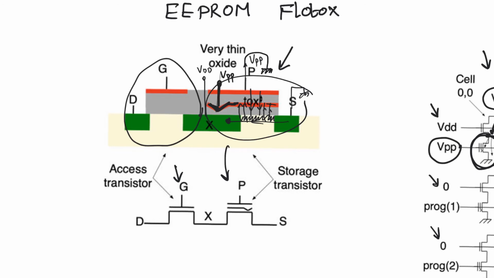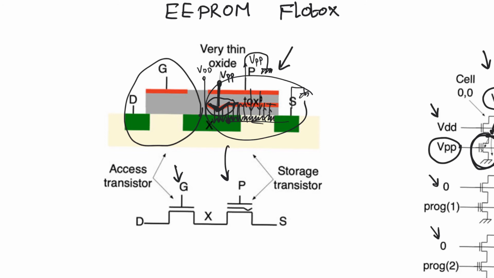This is going to cause tunneling to happen on the drain side, but the tunneling is going to be from the drain down to the substrate, because the field is in the opposite direction to the direction we are used to. So we're going to have electrons tunneling down from the gate into the substrate, which is why we had the floating gate take this sharp turn down on the drain side.